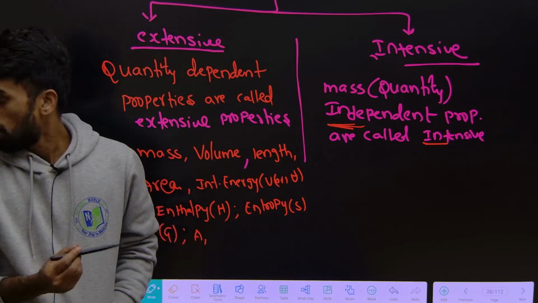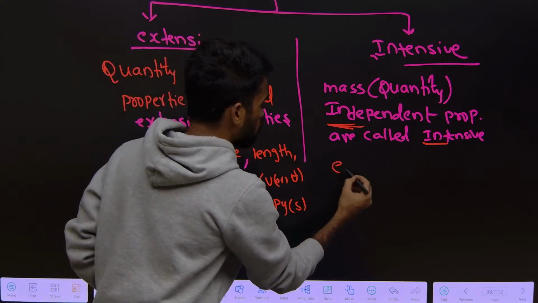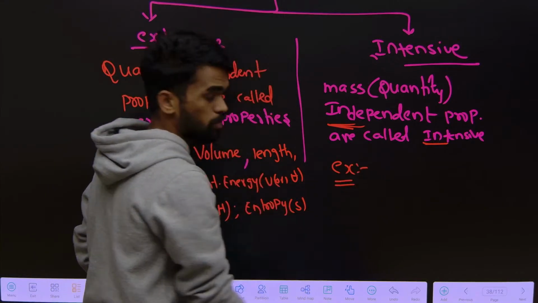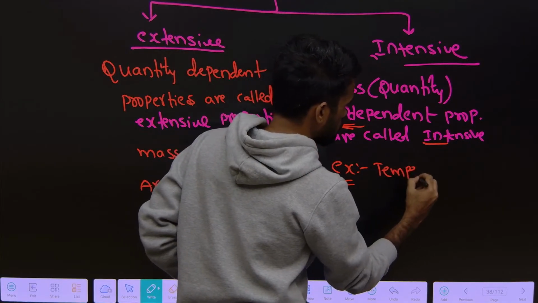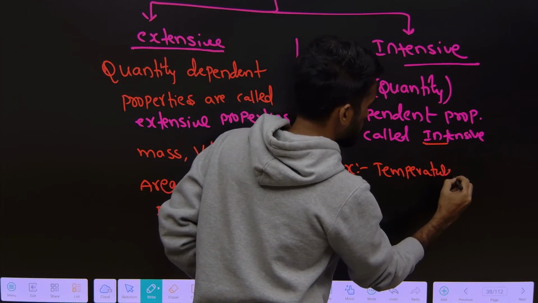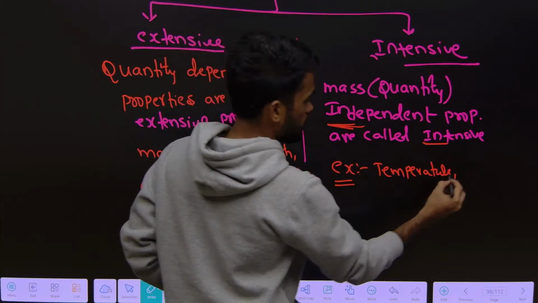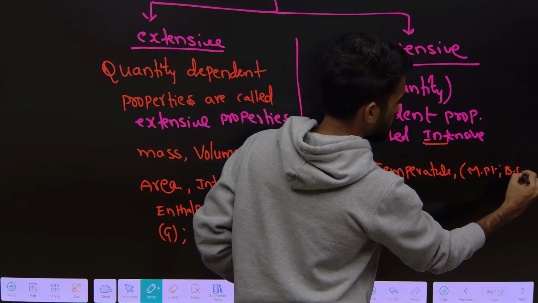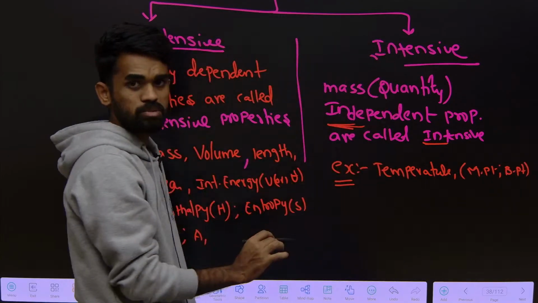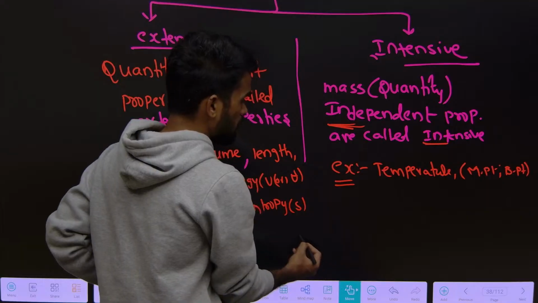Now what are the examples you can give for intensive properties? Just now I told you temperature, and with temperature you get melting point, boiling point, and what about freezing point? All this comes here. And what about surface tension?